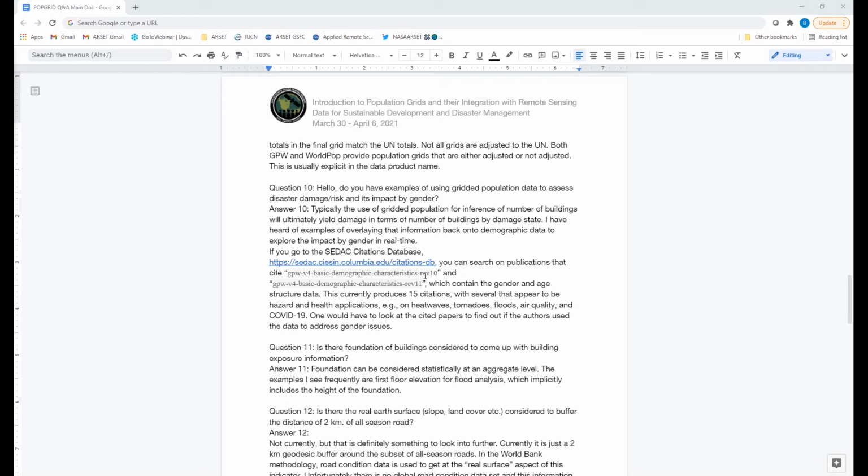For the analysis that we typically do, we use demographic data to estimate what's going on with buildings. And then once we analyze what's going on with buildings, we sometimes look at things such as casualties and injuries, and that can be applied back to the impacts to populations in general.